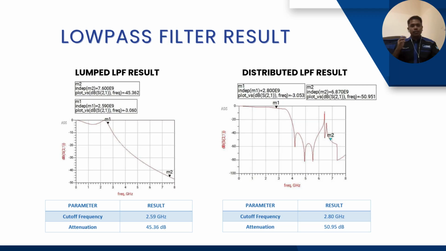For the distributed LPF, the cut-off frequency was approximately 2.8 GHz and the attenuation reached 50.95 dB. This result satisfies the project requirements. Therefore, we can conclude that the distributed LPF performs better than the lumped LPF and is more suitable for practical microwave applications.